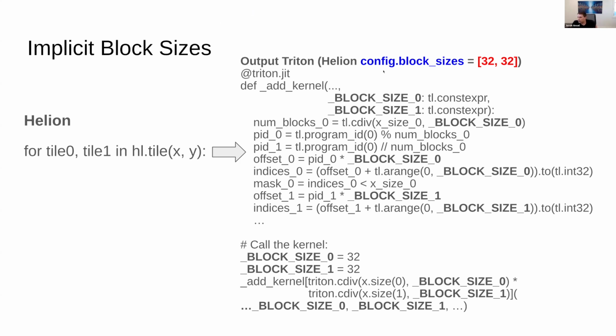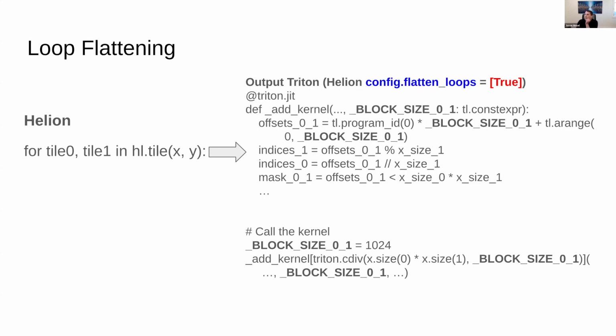And you basically specify the block sizes with this block sizes parameter, where you pass in just the sizes that you want. And this also allows Helion to do other optimizations, such as loop flattening. So if I take the same kernel that I had before, and I pass in flatten loops true, then what that actually does is it takes that 2-dimensional block size and turns it into a 1-dimensional block size.